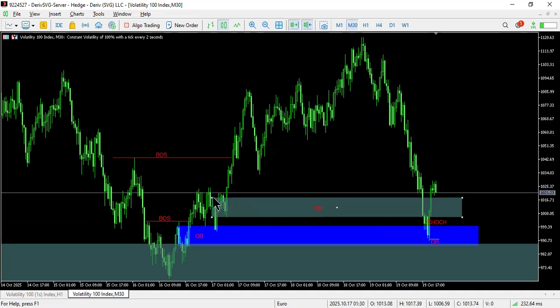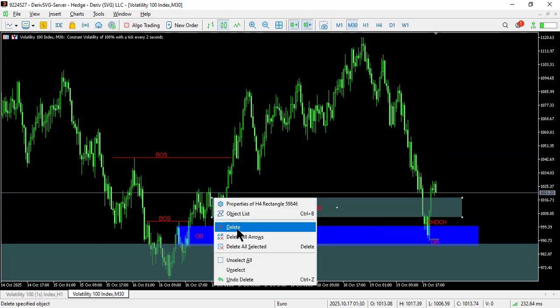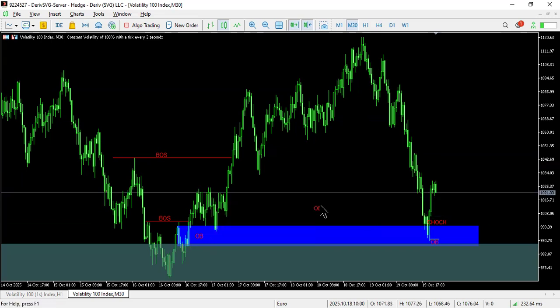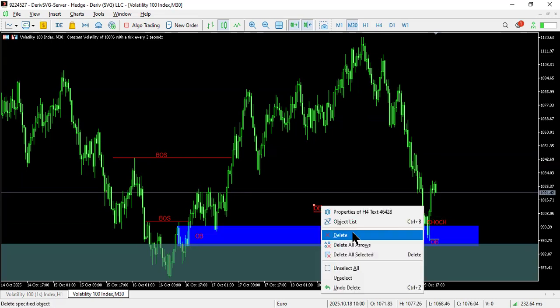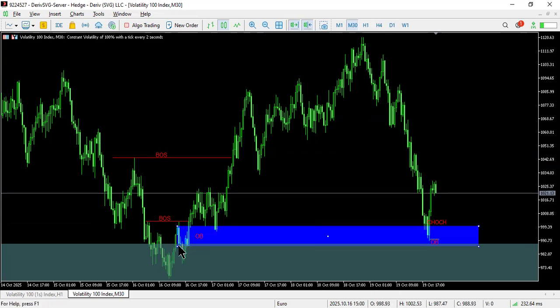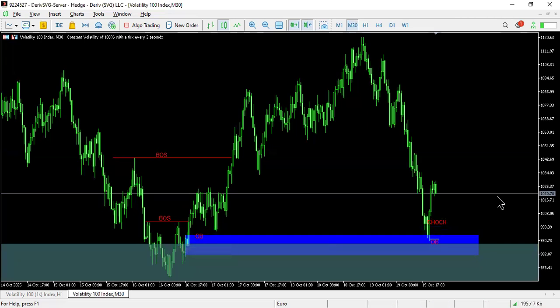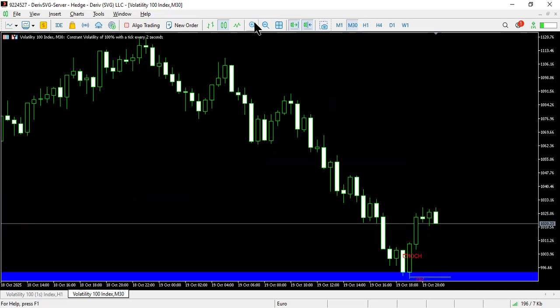Let me remove this order block since price violated it and decided to come back to this order block. That is it from VIX 100.